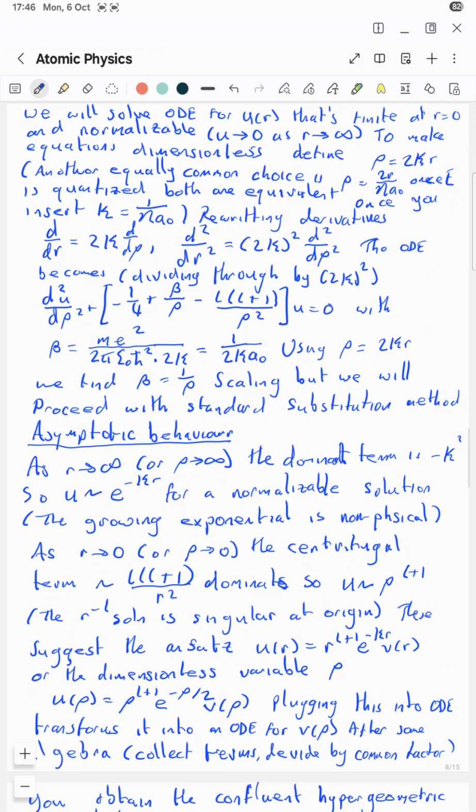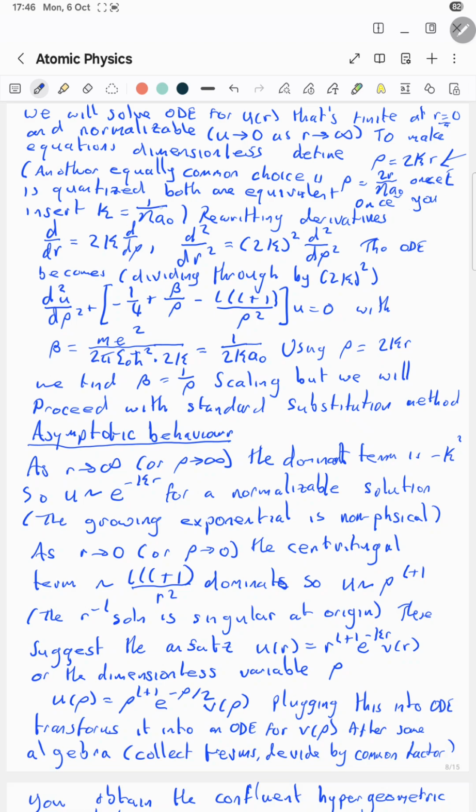Now we will solve the ODE for u of r that's finite at r equals 0, and normalizable, with u going to 0 as r goes to infinity. To make equations dimensionless, we define rho equals 2 kappa r. Another equally common choice would be rho equals 2r over n times the Bohr radius.